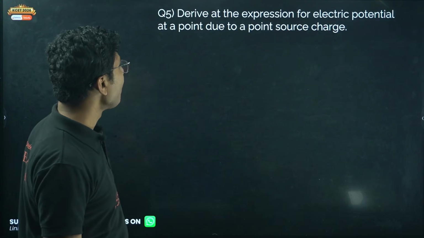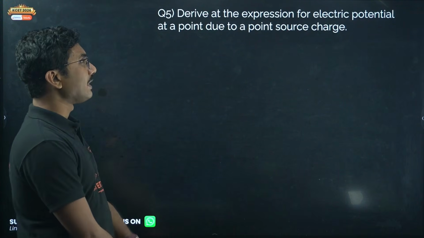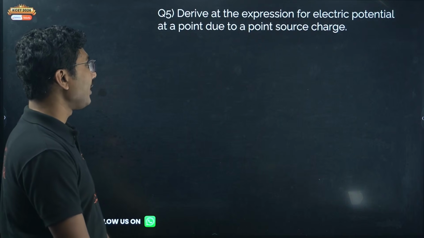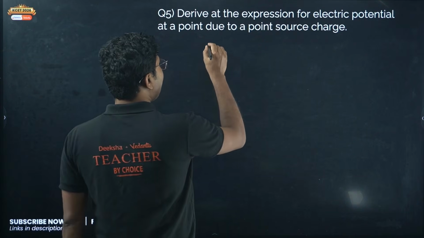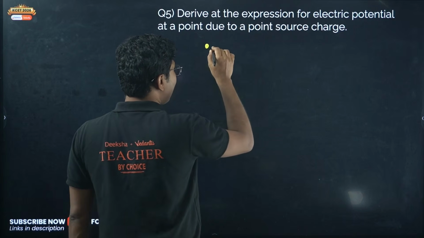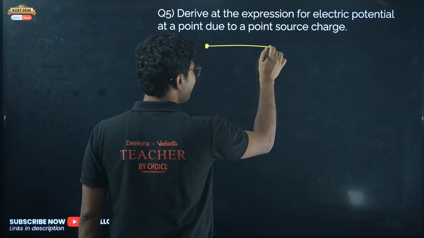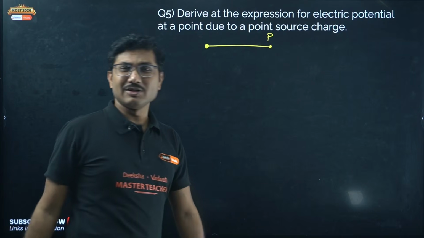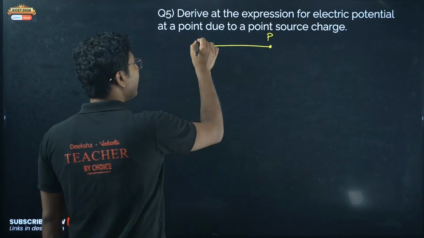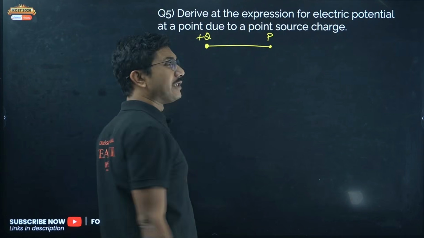Now let's continue. Derive the expression for electric potential at a point due to a point source charge. This is one of the common derivations. It came last year. There is a chance it comes this year as well, but who knows. PU board has a tendency of repeating questions, so they sometimes try to catch students off guard.